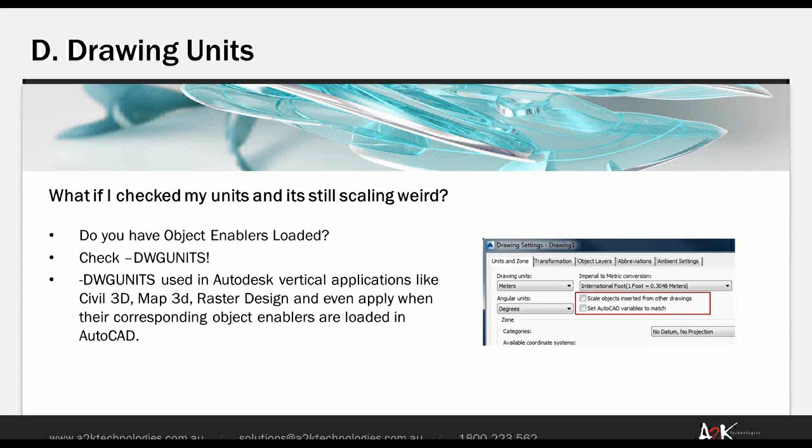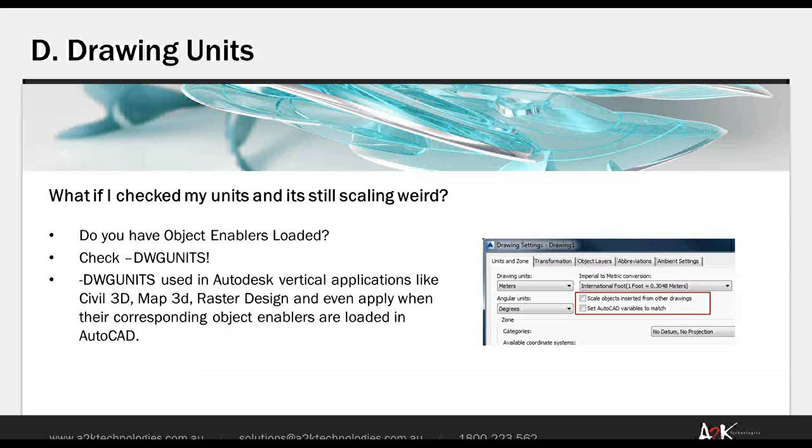For those who are not familiar with the command DWGUNITS, it's a command that was introduced when Autodesk started creating its vertical applications. For example, the screen capture on the right is from Civil 3D.